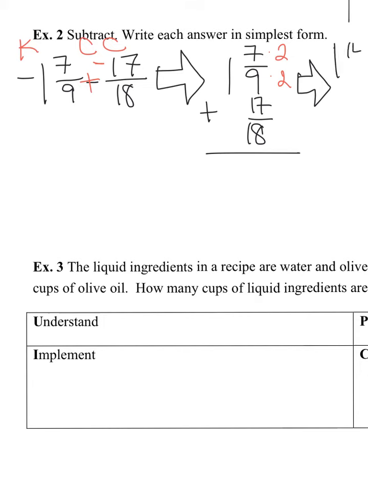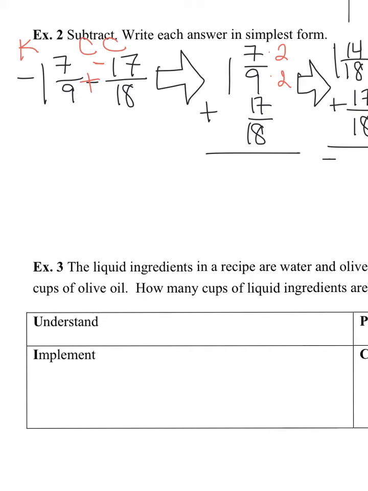That would be 1 and 14/18 plus 17/18, which we know back from our first problem are both negative fractions. My answer is going to be negative as well.